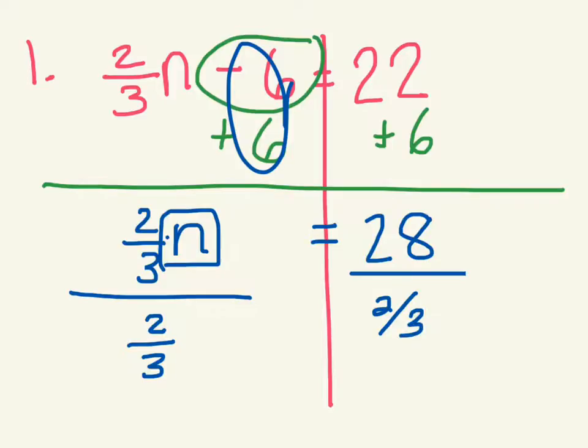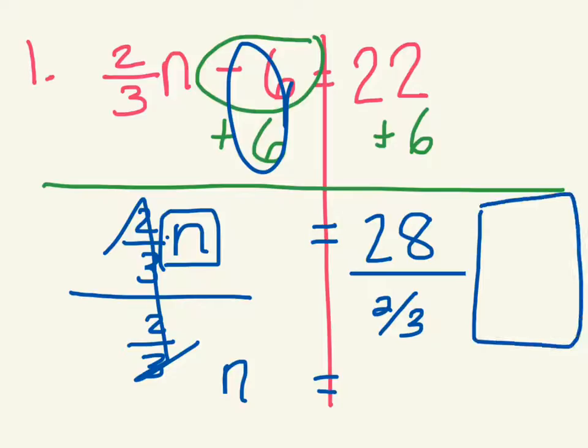Now that's going to be a tricky thing to put in our calculator, but what we're going to do is first we have 2/3 over 2/3. Those cancel out to one whole, so I have n. 28 divided by 2/3 in my calculator. I type that in as 28, and then I click the divided by sign.